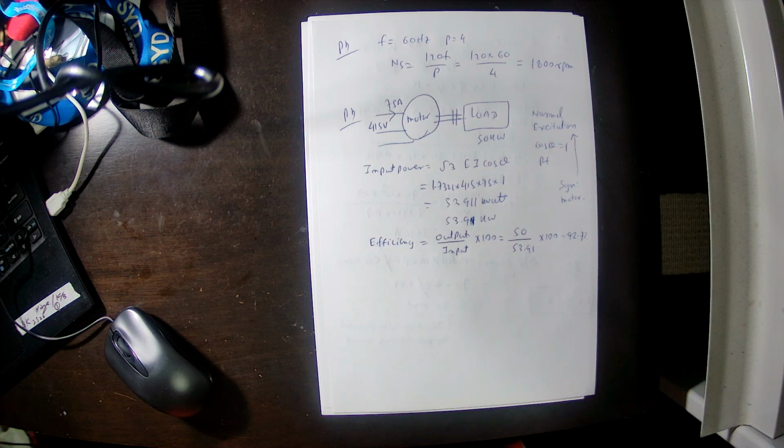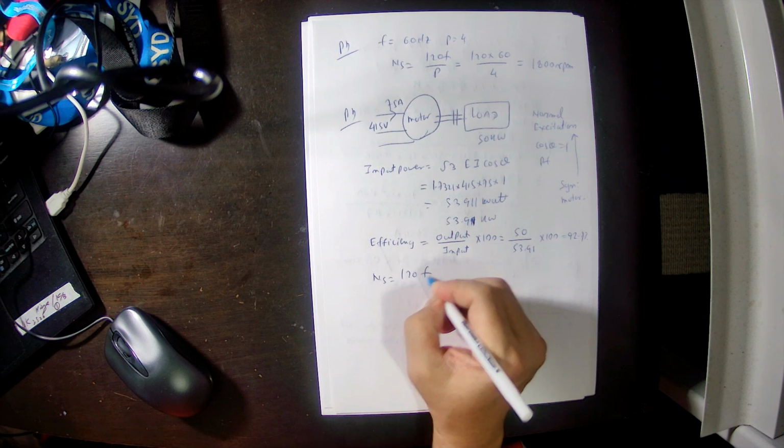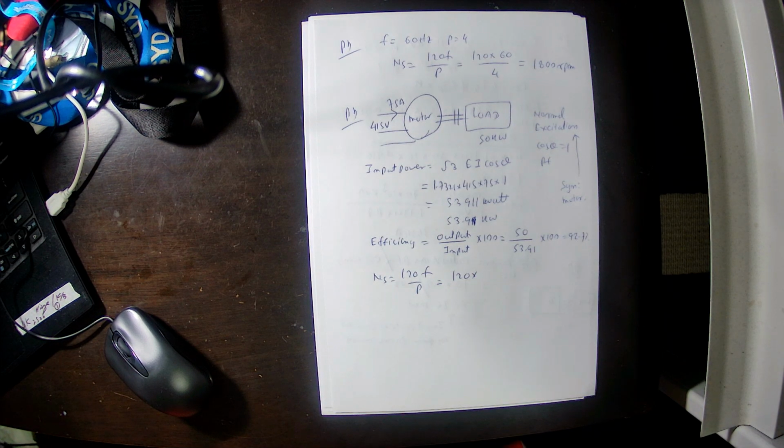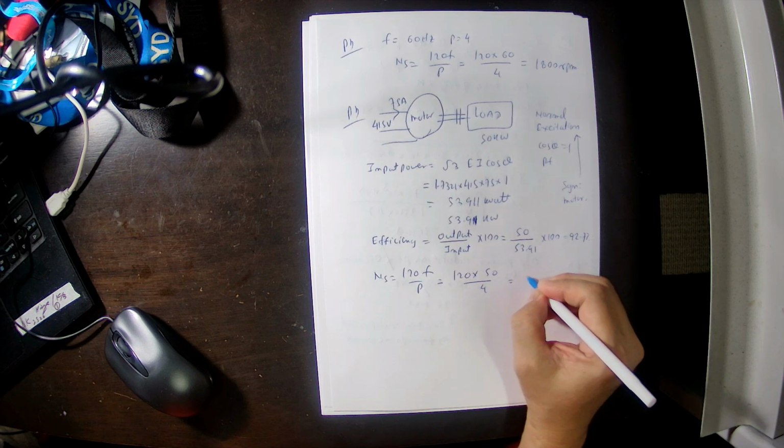Efficiency is 92.7%. Speed can also be calculated: 120 f divided by P. Now frequency is 50 hertz, number of poles is 4 poles. So this is 1500 RPM.